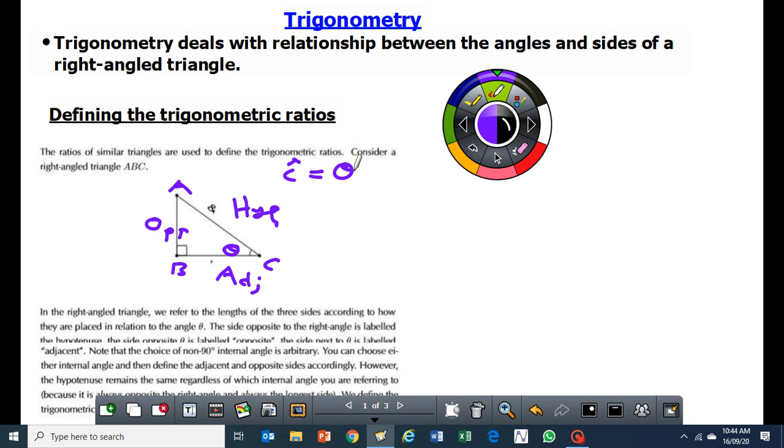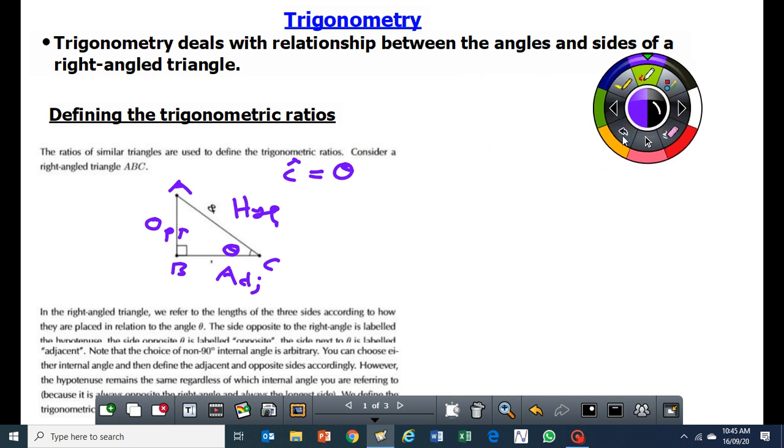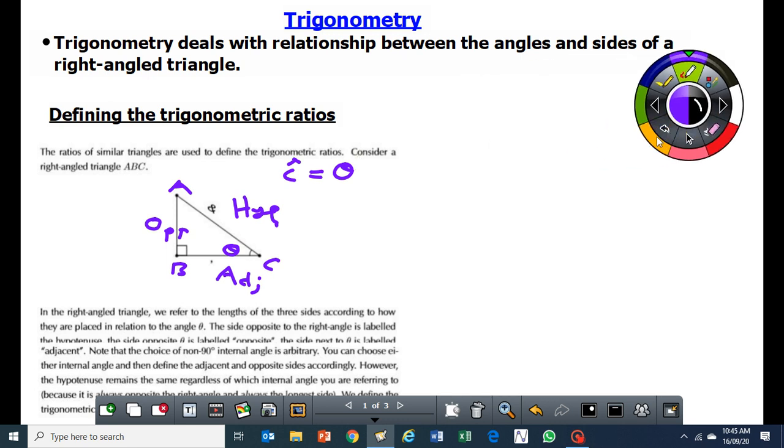So the ratios, for example opposite over adjacent, have a name. The ratio opposite over hypotenuse has a name. Adjacent over hypotenuse also has a name. Now, the three trigonometric ratios in full, the first one is called sine, S-I-N-E.